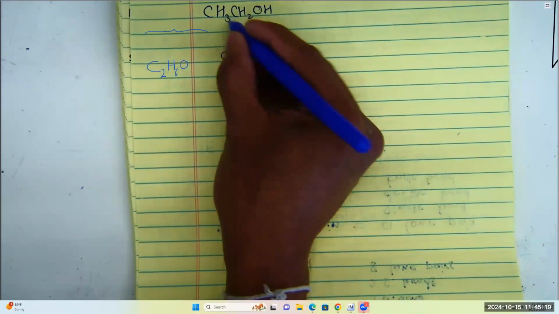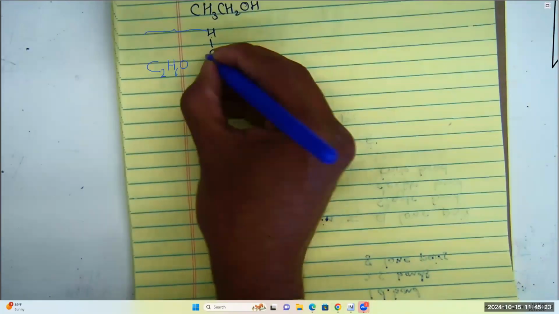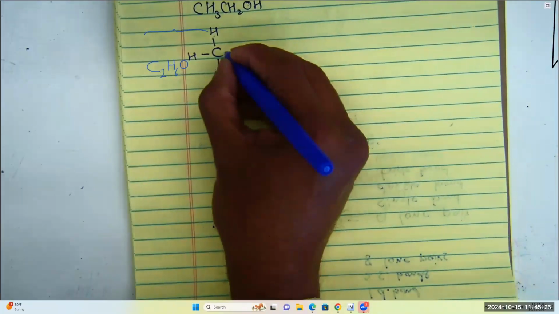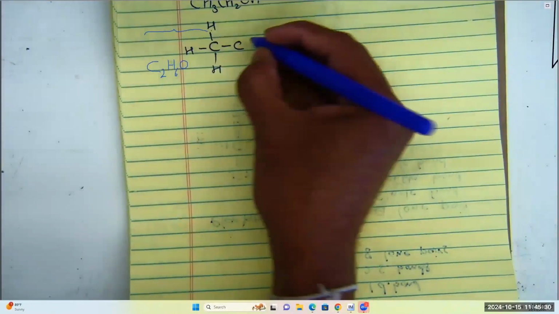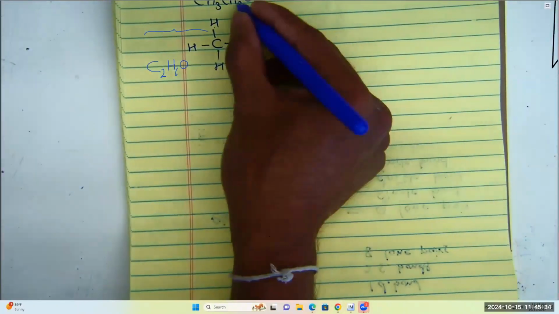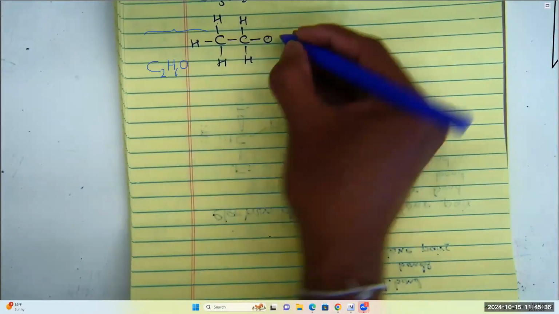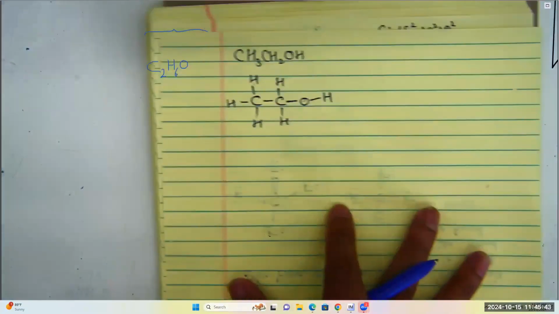To that carbon, we have 3 hydrogens bonded: 1, 2, 3. And that carbon is bonded to another carbon atom over here, and that carbon has 2 hydrogens bonded to it. And that carbon is bonded to an oxygen, and that oxygen is bonded to a hydrogen. That's what it means.